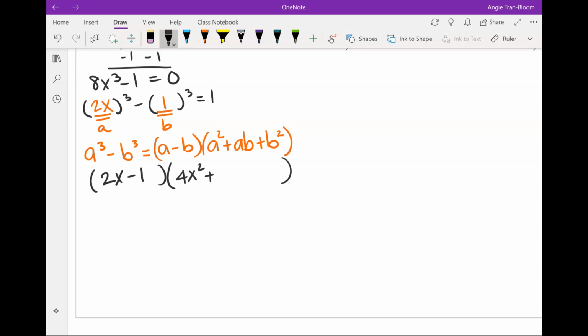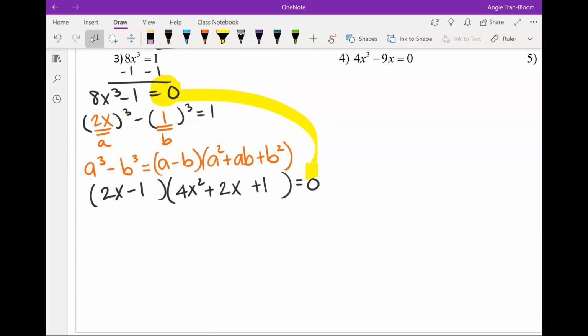Plus A times B. Tyler, what would A times B give us? Good job. 2x. Plus B squared, Julian, what would that give us? Good. It has to equal what? 0. Because the original question was equaling 1, but we move it so we can have it equal to 0. Take each factor and set it equal to 0. Guys, this trinomial right here, is that factorable?